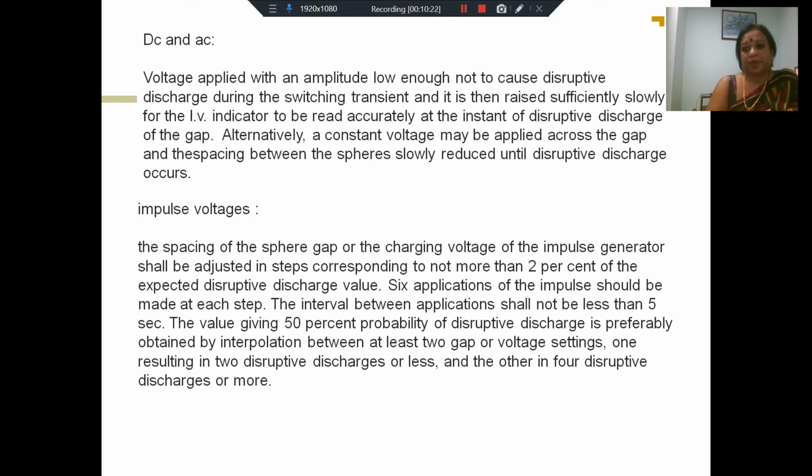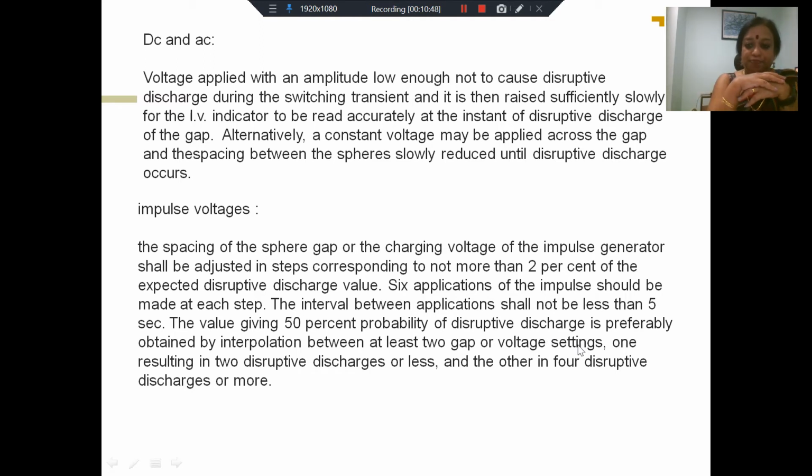At each step, you need to make 6 applications, and between successive applications, there should be at least a 5-second interval. And when you work at a particular step, the value which gives 50% probability of disruptive discharge is preferably obtained by interpolation between at least 2 gap or voltage settings.